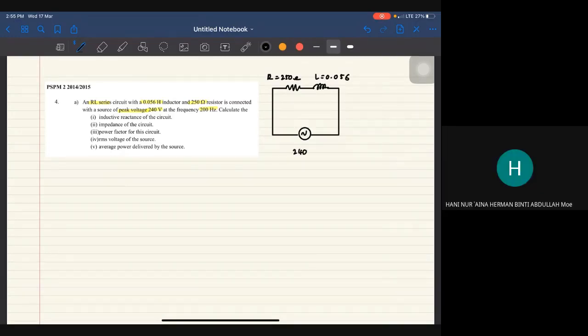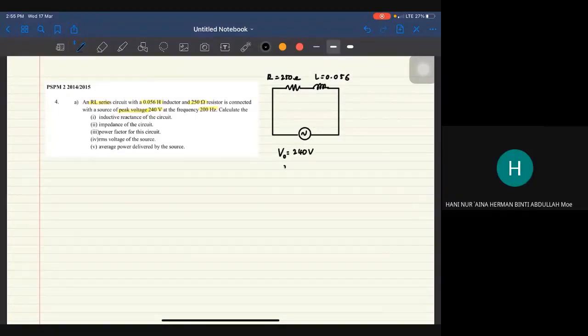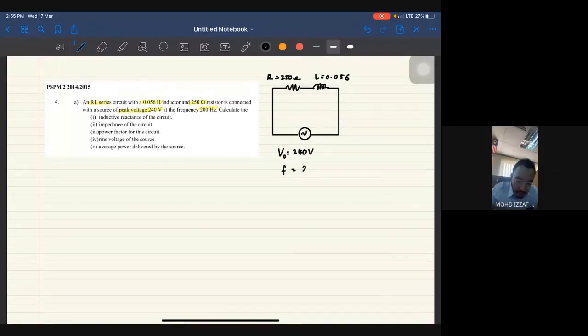VP, V0. Kalau VT biasanya kita pakai untuk direct current, tapi sebab kita ada AC, kita pakai V0. The frequency is equals to 200 Hz.